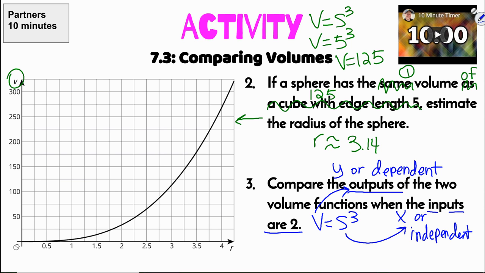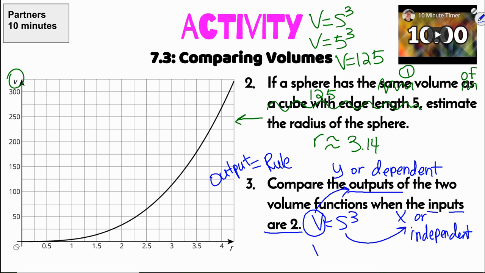We can remember that because the equation of a function is output equal to the rule. So whatever variable we have by itself equal to some stuff is going to be our output. We know that v is the output, and that means s has to be the input. So basically, when s is 2, what's v?